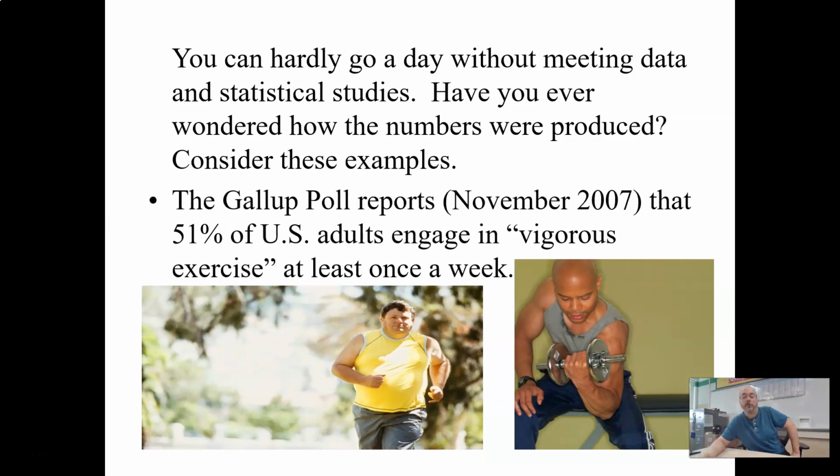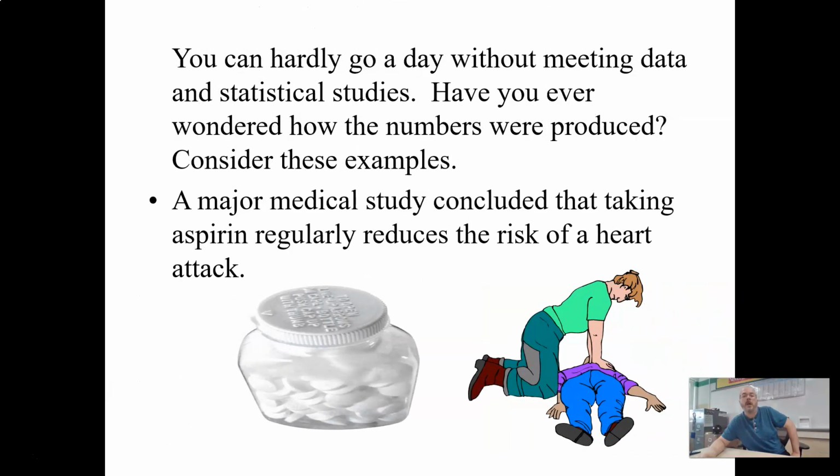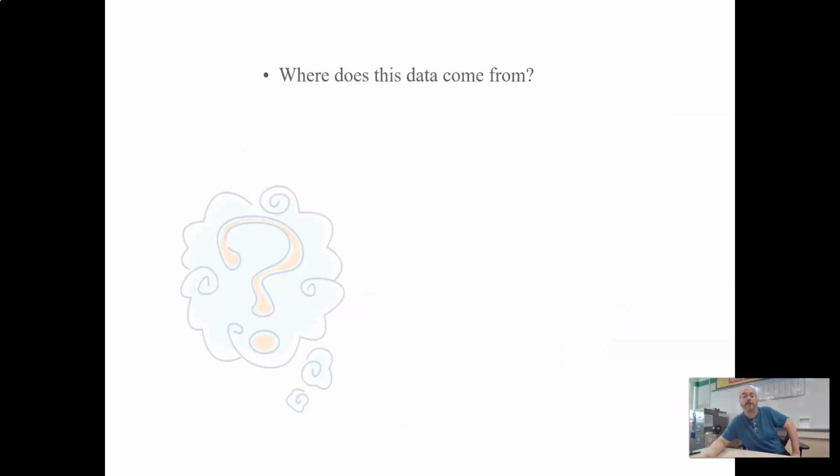The Gallup poll reports, November of 2007, that 51% of U.S. adults engage in vigorous exercise at least once a week. A major medical study concluded that taking aspirin regularly reduces the risk of heart attack.